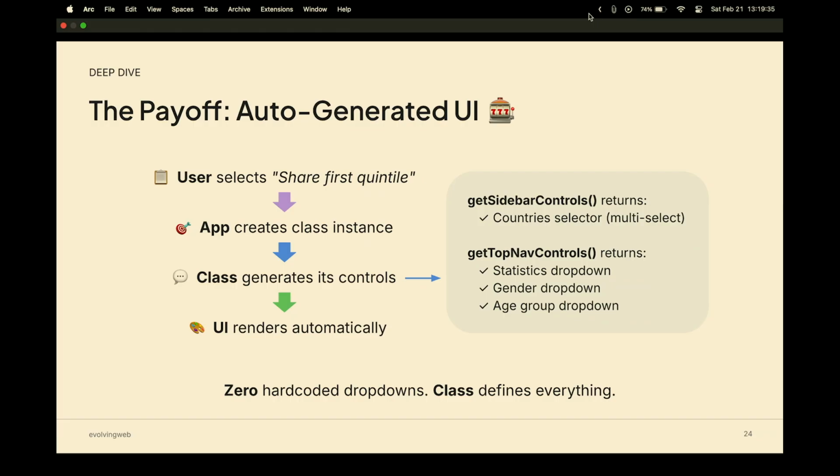It's going to say, oh, I need to render the statistic, the gender, and the age dropdown, and it's going to rely on these classes to build the UI. And so the UI renders automatically thanks to that. There are no hard-coded dropdowns, and the class defines everything. Everything comes from the class that pilots what's going to be in this UI.